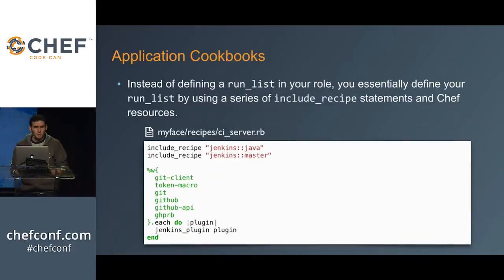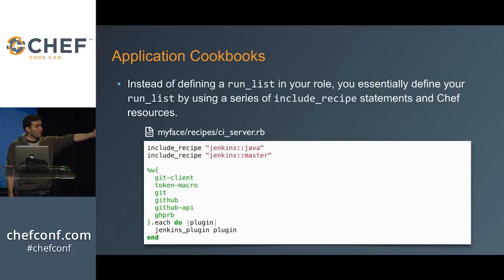Something else that you can do with this type of pattern is, instead of defining a run list in a role, you essentially define your run list now using a series of include_recipe statements and Chef resources in a recipe.